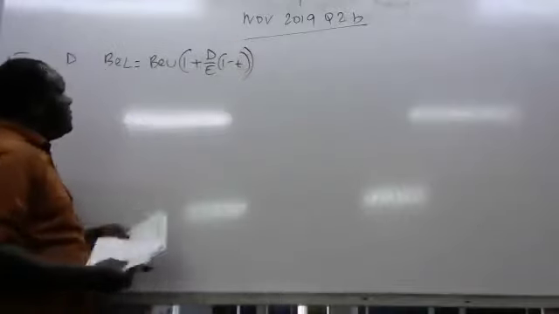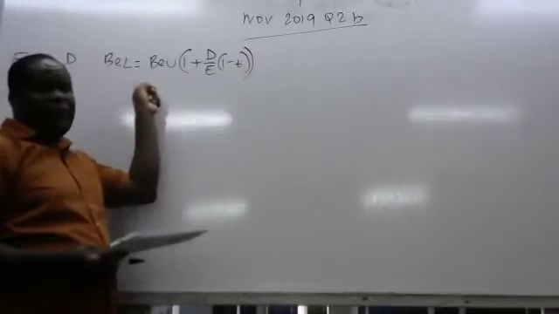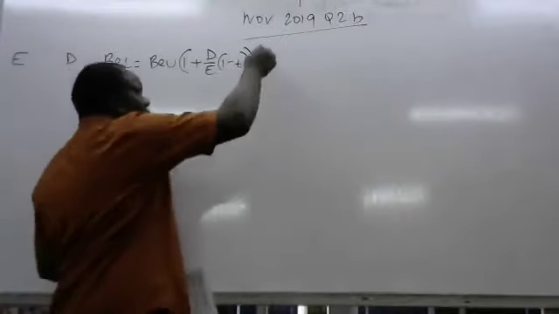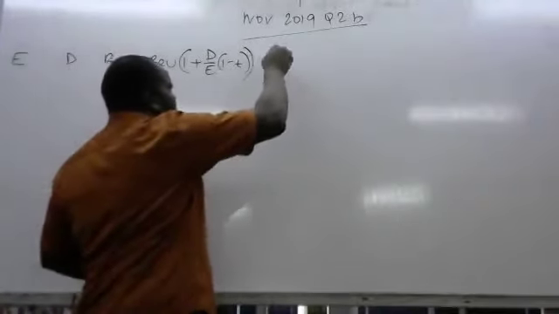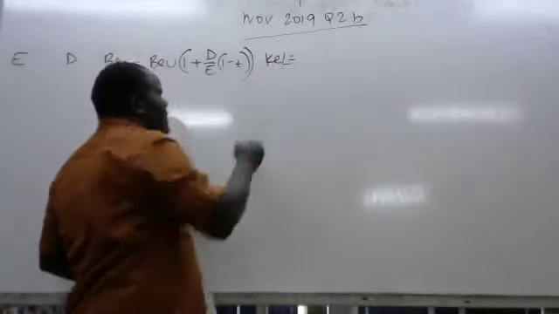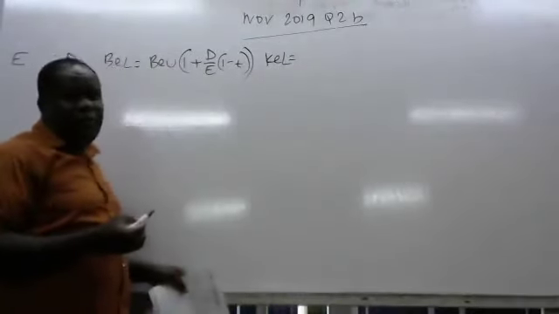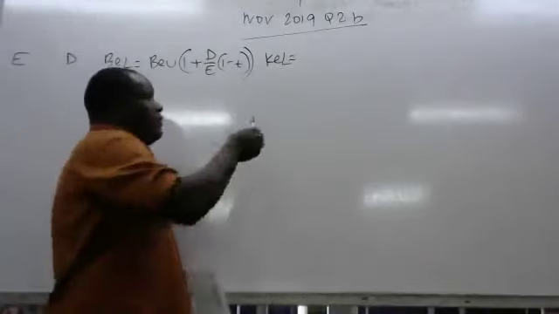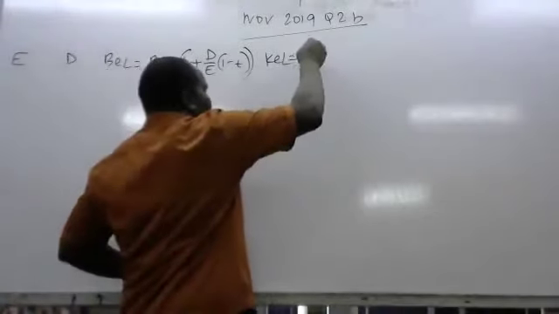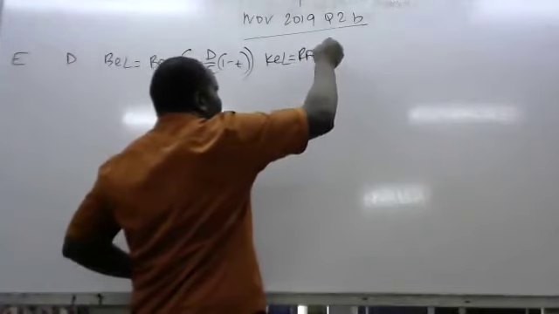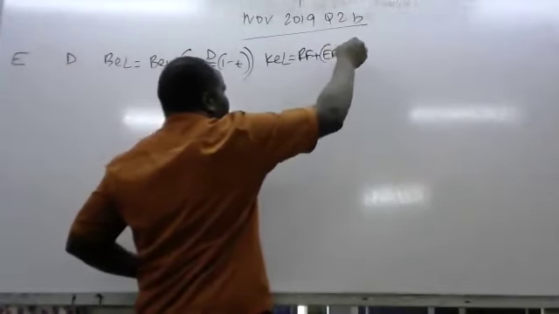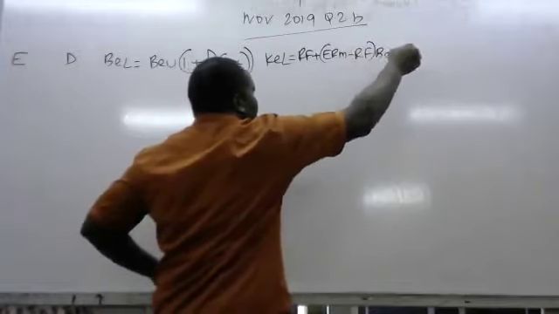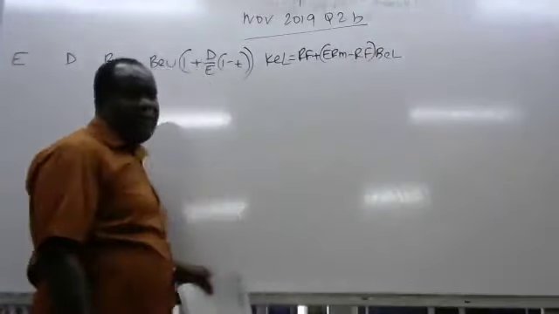That gives you the beta factor of equity for the levered firm. Then we compute the cost of equity for the levered firm. For that we use CAPM: the risk-free rate plus the expected return for the market minus the risk-free rate, times the beta factor of equity for the levered firm.